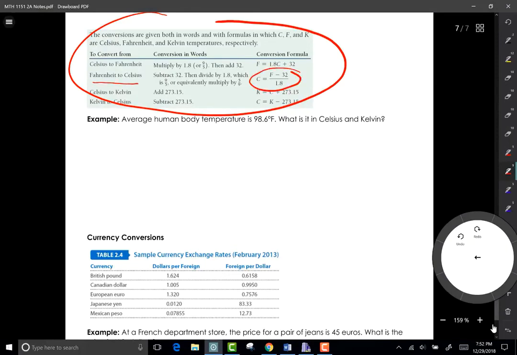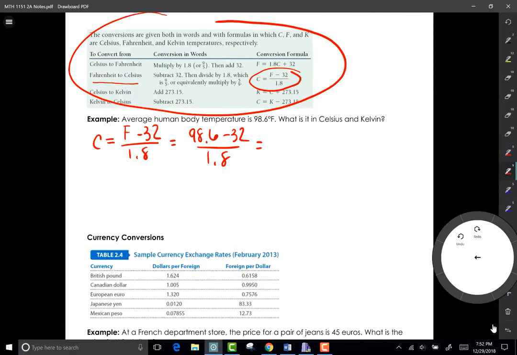I'm going to take Celsius is equal to my Fahrenheit minus 32 over 1.8. The Fahrenheit that was given to us is 98.6 minus 32 over 1.8. Okay, when I put that in on my calculator, I'm going to get 37 degrees Celsius. And remember, this first one we were changing to Celsius, so we have to remember to label it as Celsius.